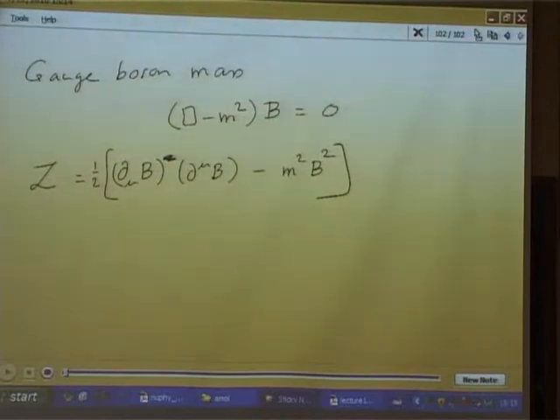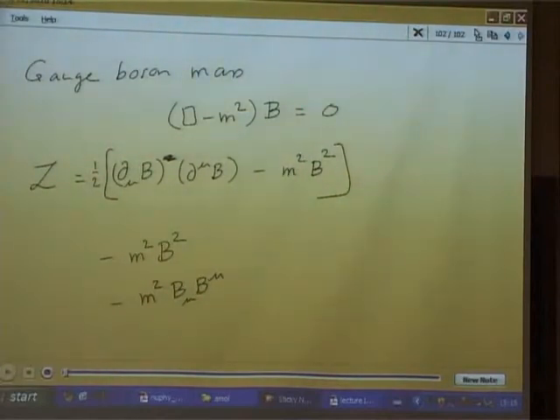So the mass of this particle is what appears in front of B squared, which is true in general. For bosons, the mass term will always appear as minus m squared times B squared. It's basically a term which is quadratic in the field.